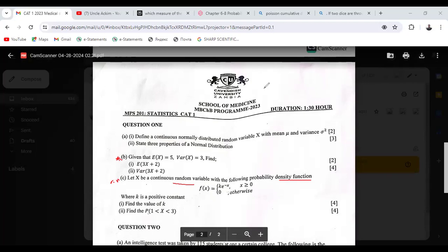It's similar to what we have just been doing, but in the sense that this is continuous. For continuous, the properties are just the same, but since it is continuous, we can use integration to find the expected value and integration to find the variance, then everything will be the same.